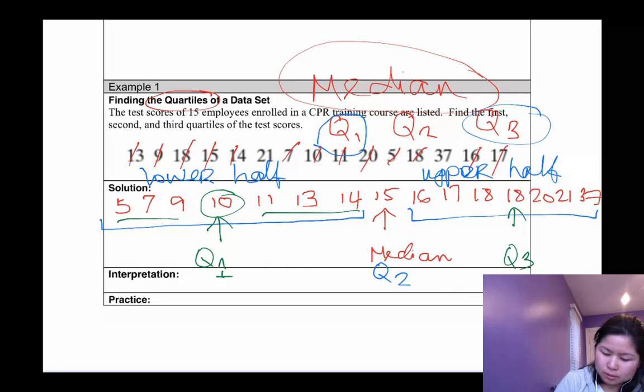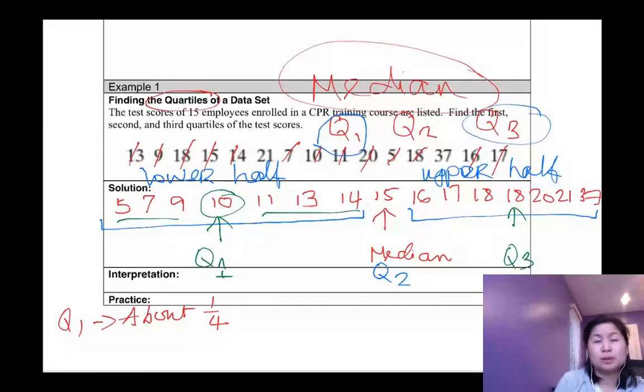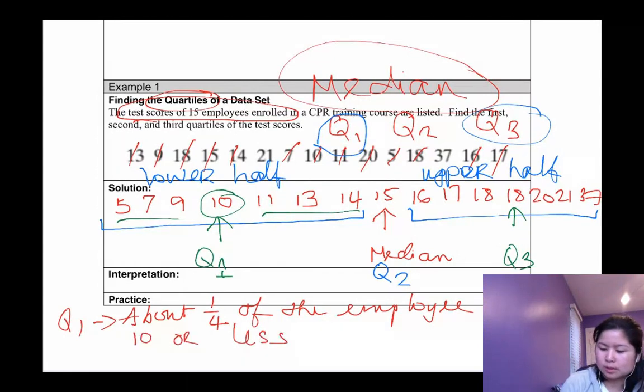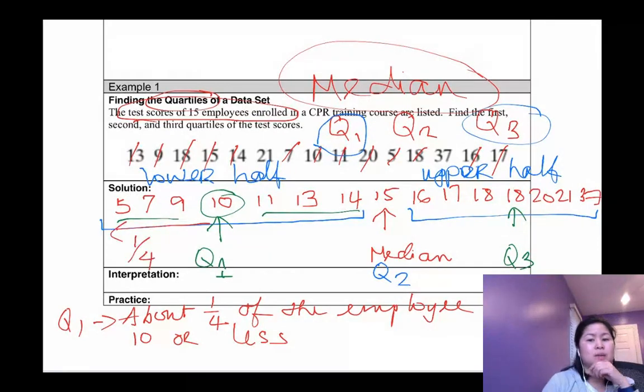Q1 is saying that about 1/4, or about 25%, of the employees, since this is about the test score, scored 10 or less. So that's what it's saying right here. This is 1/4 of the data set. It's going to be 10 or less.